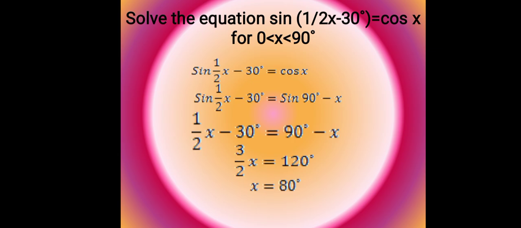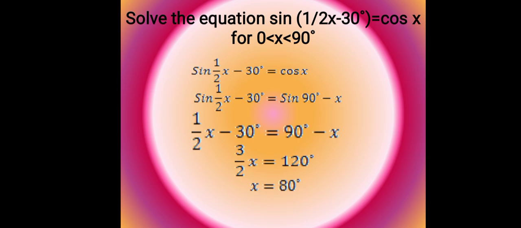Solve the equation sine of (1/2 x minus 30) is equal to cos x for values of x greater than 0 and x less than 90.